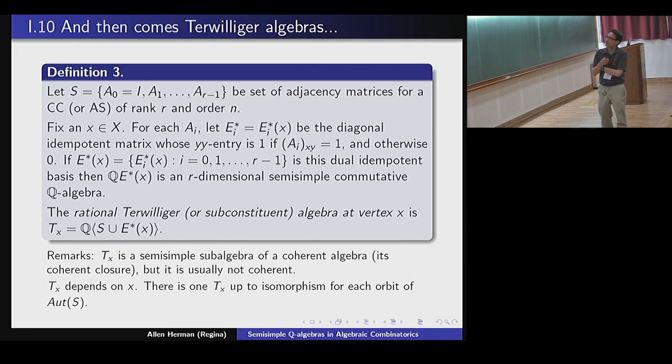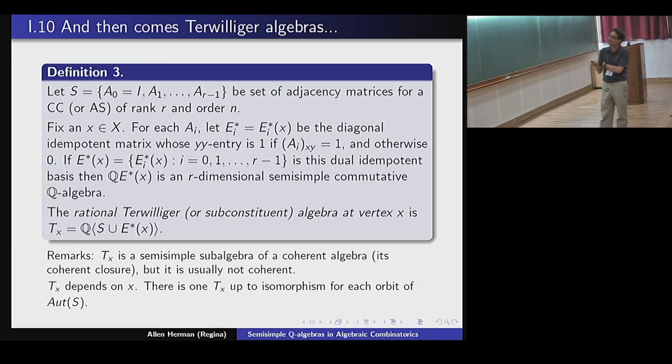Terwilliger algebras are a refinement of the coherent algebra definition that is useful in the distance regular graph world. So for these, you have to have the n by n matrix representation. It doesn't work otherwise. So you take your coherent configuration basis.